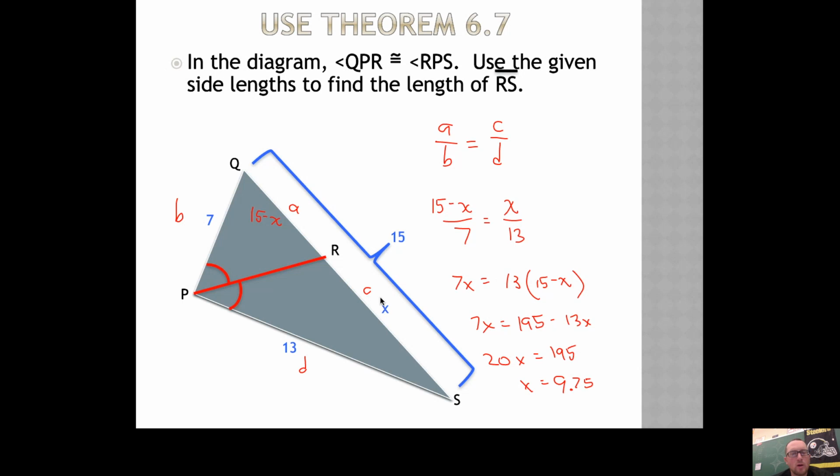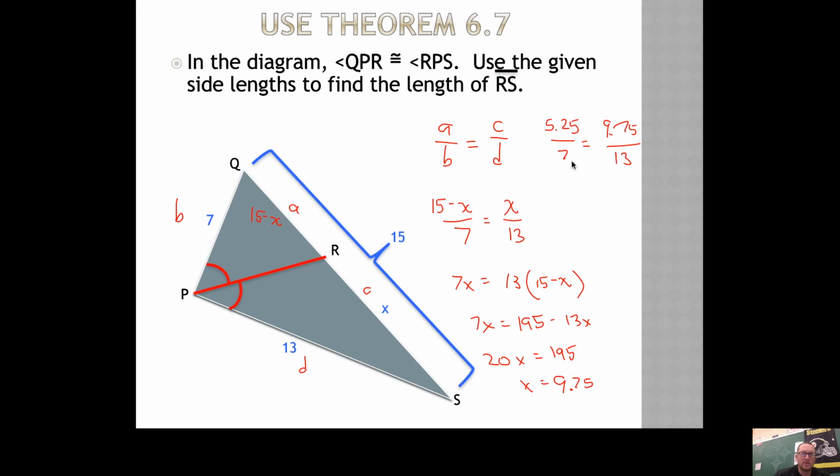And you can double check your work. If this is 9.75, then this would be 15 minus 9.75, which would be 5.25. And you could double check up here too. 5.25 to 7 better be equal to 9.75 compared with 13.